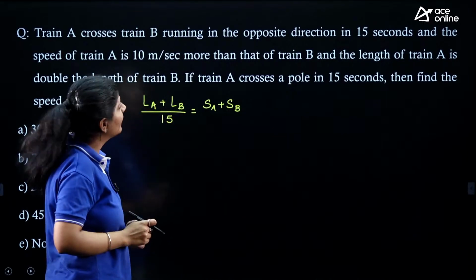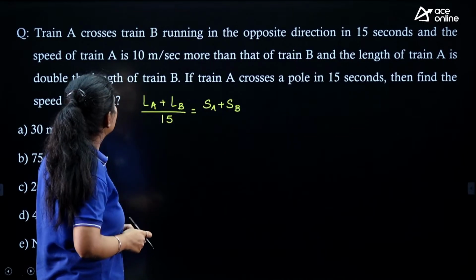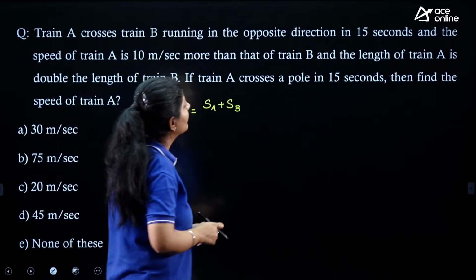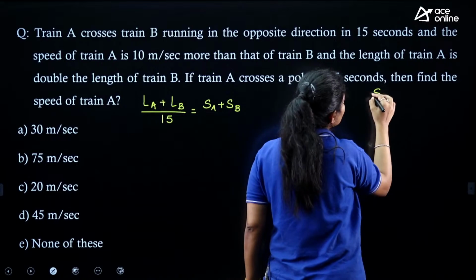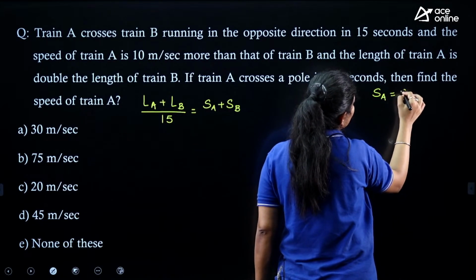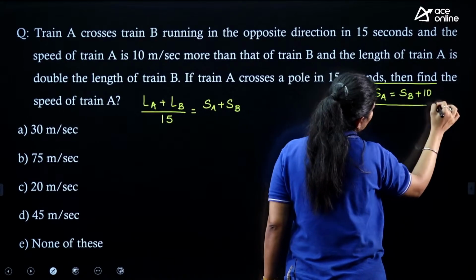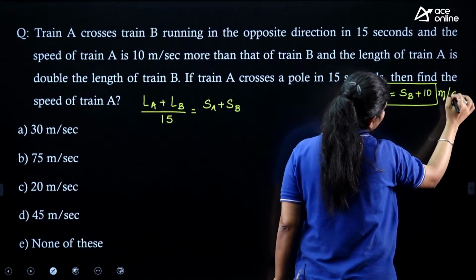This is what we can write with the help of the first statement. Now, speed of train A is 10 meters per second more than the speed of train B, okay. So we can say that speed of train A is nothing but speed of train B plus 10. This is what we are having in meters per second, right?